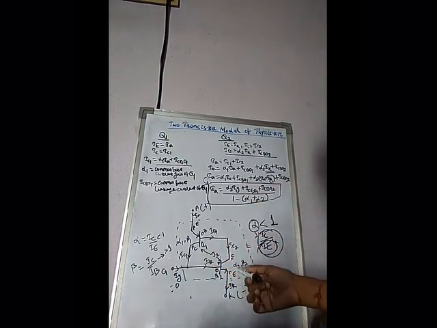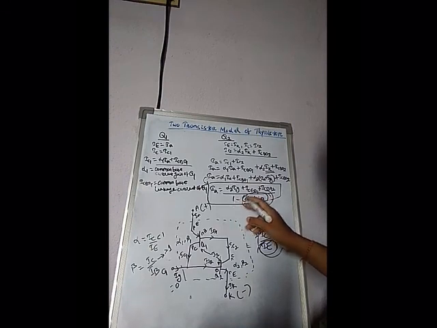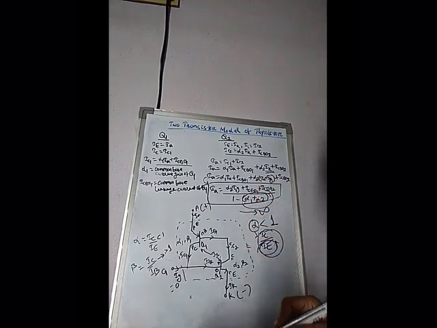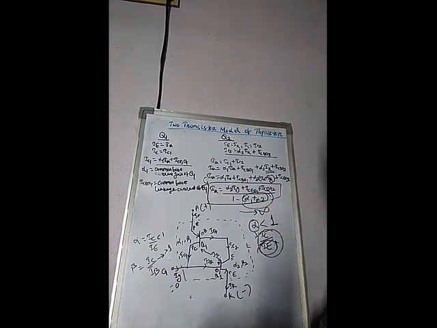If I increase the emitter current of Q2, then alpha 2 approaches unity. Then this whole term alpha 1 plus alpha 2 approaches unity. Once alpha 1 plus alpha 2 approaches unity, 1 minus 1 is equal to 0. So something divided by 0 tends to infinity. That means IA would tend to become infinity.